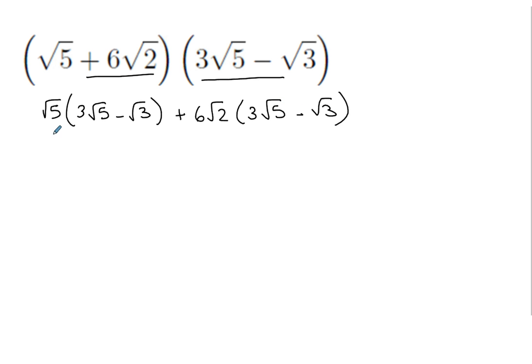We've got 3 there, and then surd 5 times surd 5 is 5, so 3 times 5 is 15, minus surd 3 times surd 5 is surd 15, plus 6 times 3 is 18, and then surd 2 times surd 5 is surd 10, and then our sign is a minus, and we've got 6, and then surd 2 times surd 3 is surd 6.